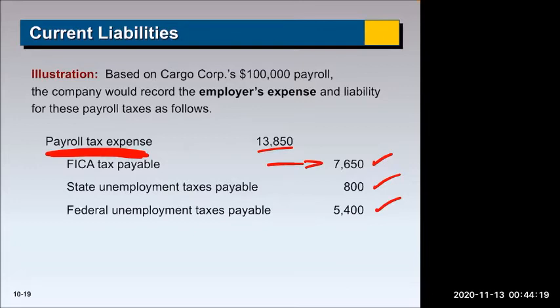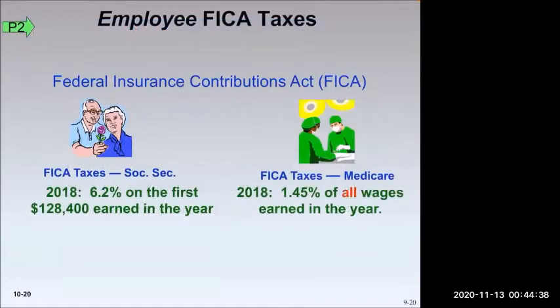And that's not even to mention medical insurance and everything else that they're having to do. So it's expensive to have employees. And understand when you're asking for a raise, it's not just the amount that you see on your paycheck, it's other things that they're paying into also. It's just important to be aware.